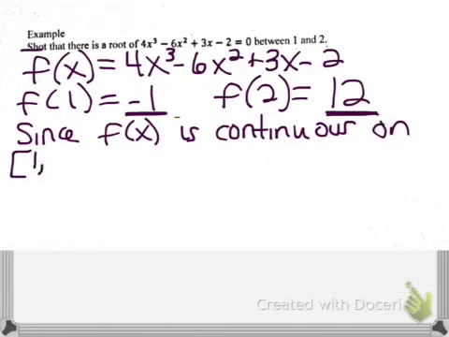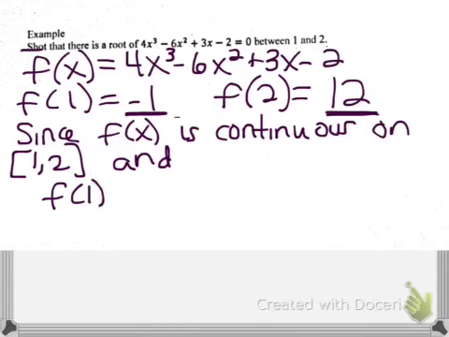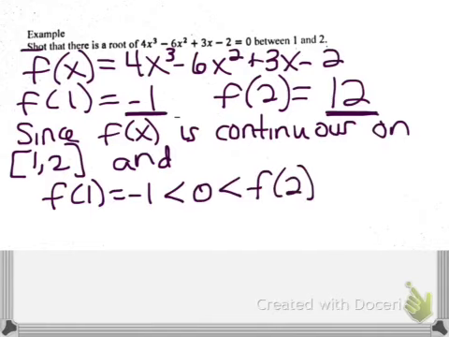1 to 2, and what? f of 1, which equaled negative 1, is less than 0, which is less than f of 2, which equals 12, then what?